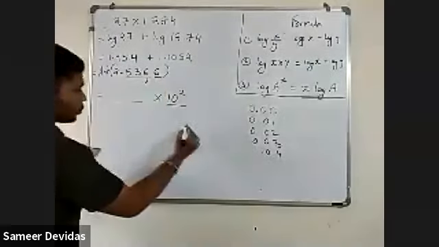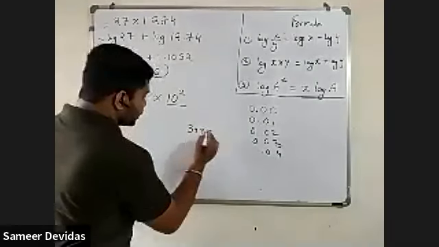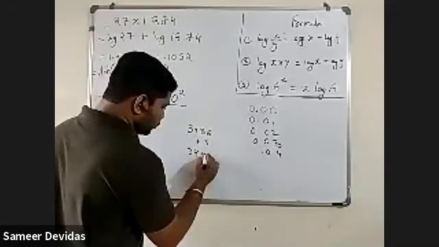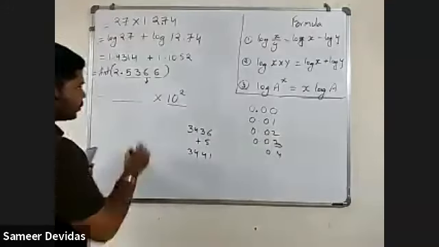Correct. Then check the mean difference for 6. What are you getting? The mean difference is 5. So you add that number. So what will you get? 3441. So your answer is 3441. Have all got this?